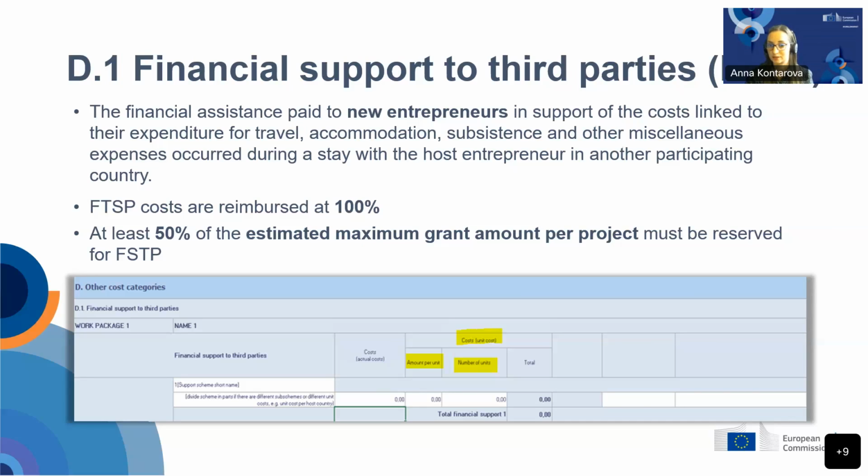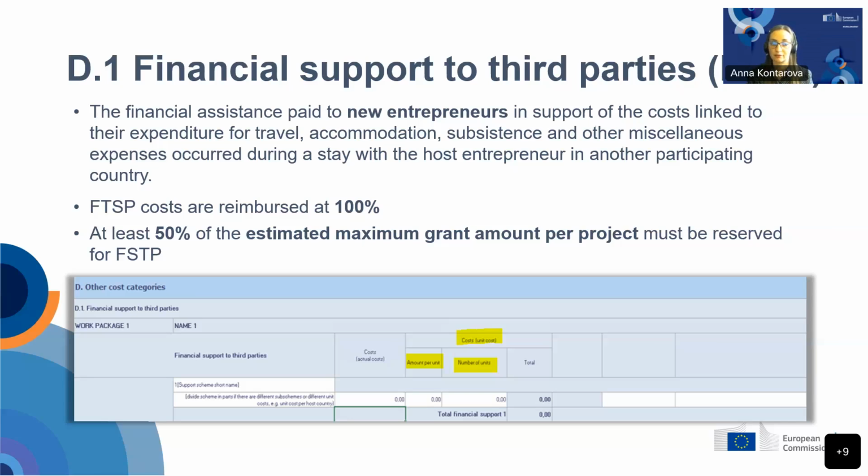As we said before, the costs are reimbursed at a rate of 100%, and the requirement of this call is that at least 50% of the estimated maximum grant amount per project must be reserved here for the financial support to the new entrepreneurs. It is important that FSTP is part of the project. It's a condition and has to be included under the corresponding budget heading.